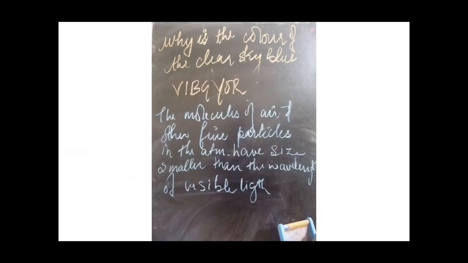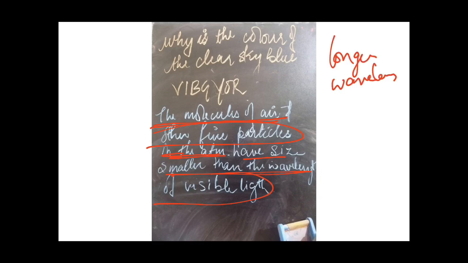Now the molecules of air and other fine particles in the atmosphere have size smaller than the wavelength of visible light. So the molecules of air and other fine particles in the atmosphere have very small size, right? So whichever colors have the longer wavelength will not scatter, because these particles are smaller in size.